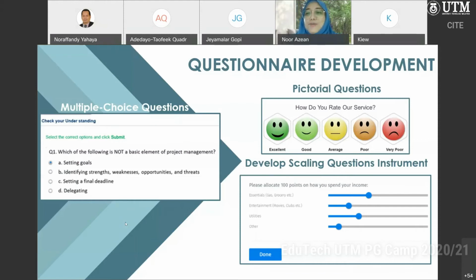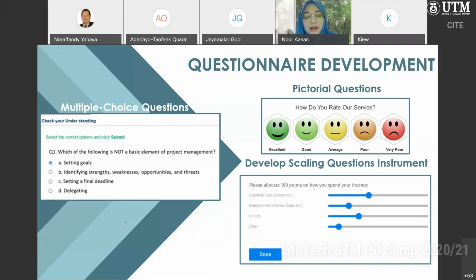How do you rate our service? Excellent, good, average, poor, very poor. For those users who may be 50 years old and above, or kids below 8 years old, a pictorial question is very good.